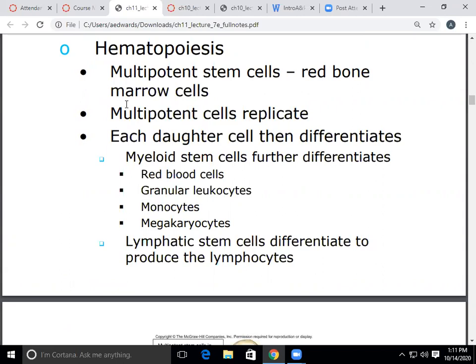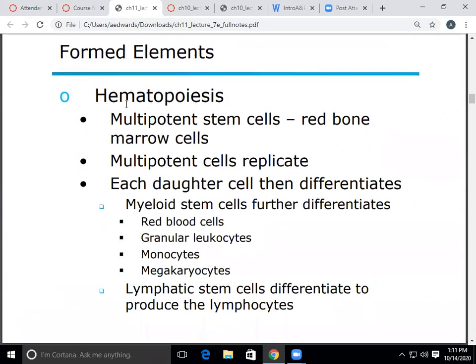All right, so let's talk about hematopoiesis, okay? Everybody say hematopoiesis. All right, so you can pronounce big words, right? It's a cool thing about this class. All right, so these involve the multipotent stem cells.